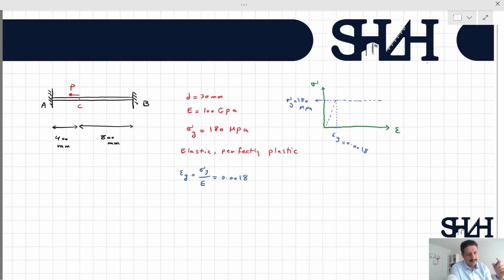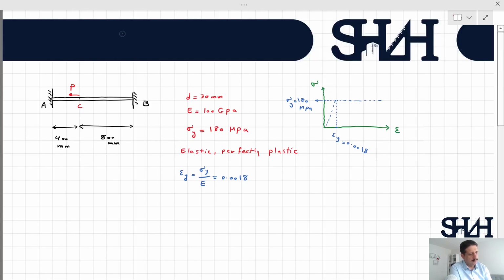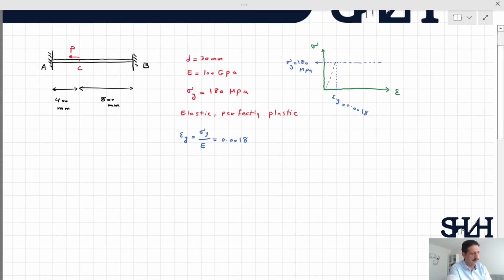So before we start to solve the entire example, it is wise to calculate the yielding force for each element. So Fy will be sigma y times A, so 180 megapascal times pi times 30 millimeter to the power of 2 divided by 4.